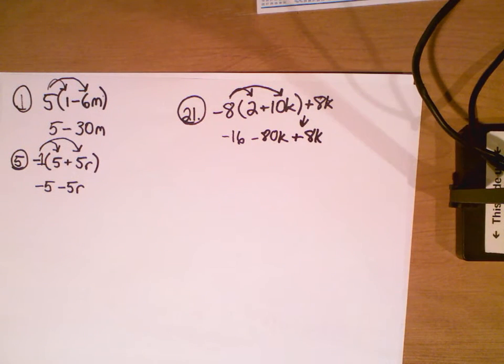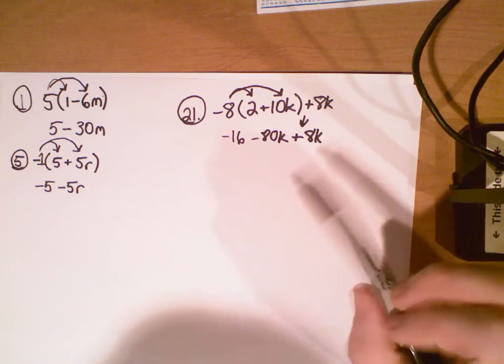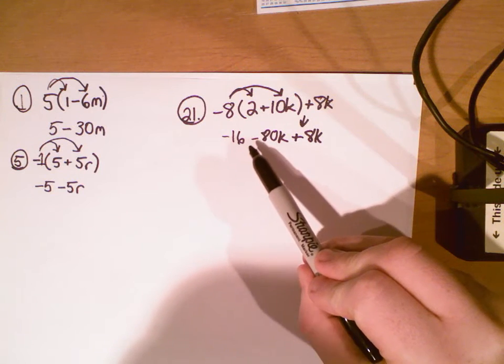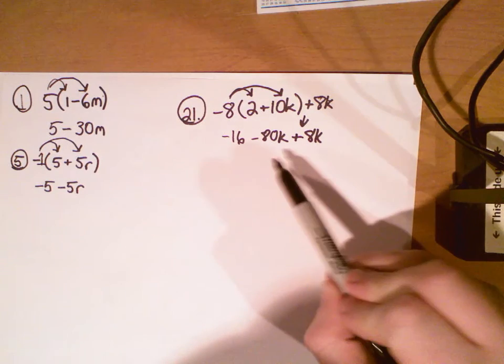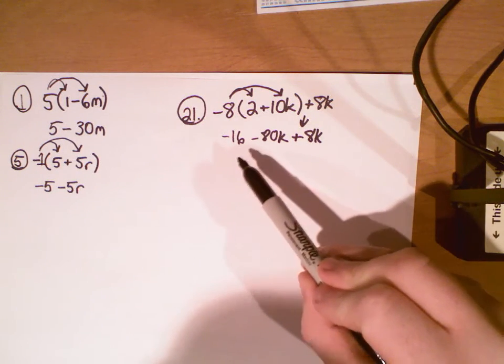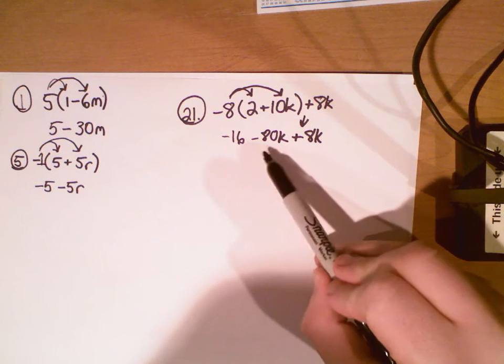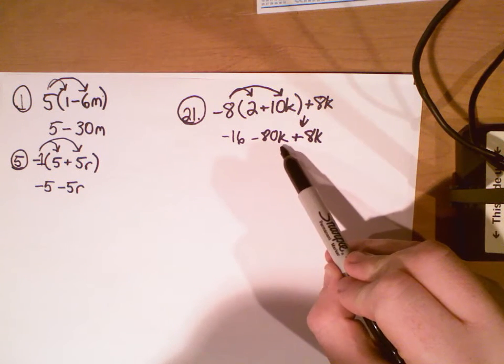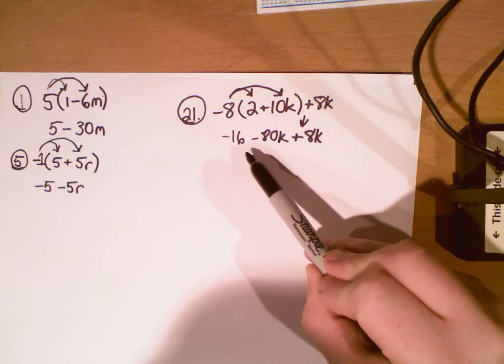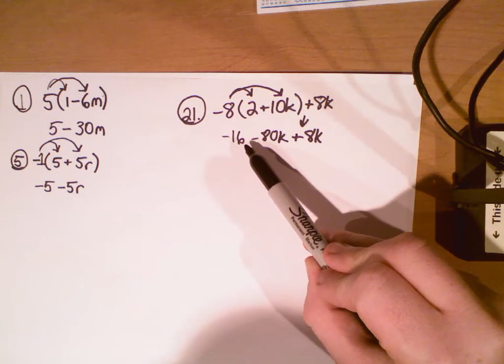Now, if you have a look, we have a whole other equation to work through. This would be called a two-step equation, and we are going to get to those later in the year. If you have a look, okay, 16, I cannot combine with these two, and that is my third rule. You cannot combine 16 and then a negative 80k, because negative 16 doesn't have a variable.